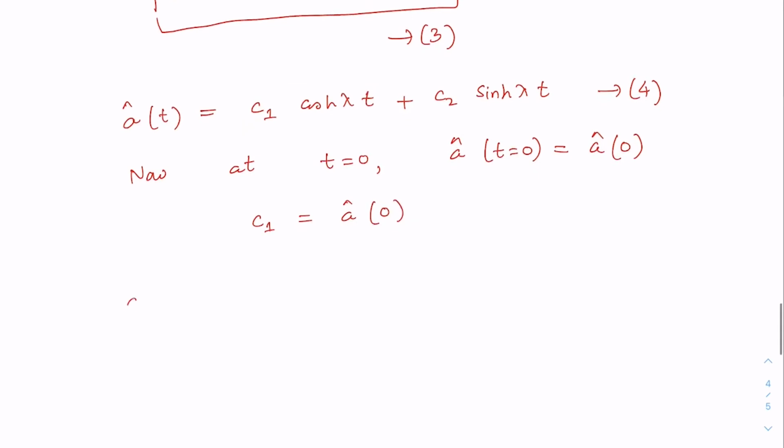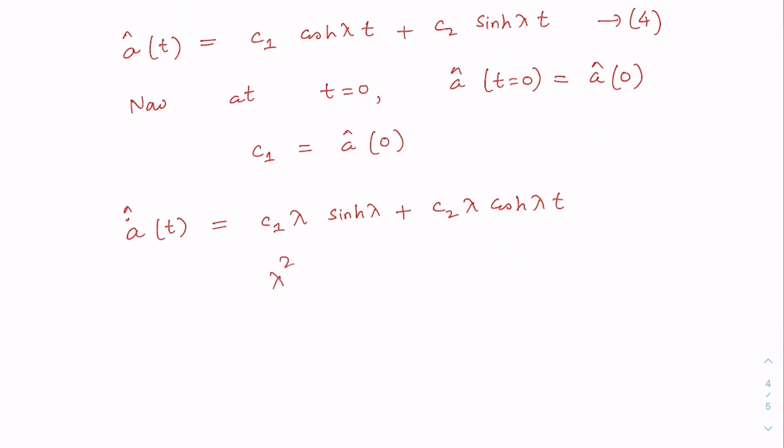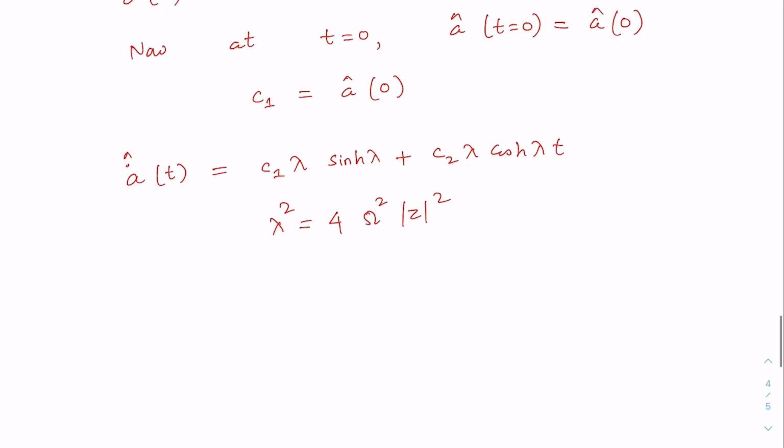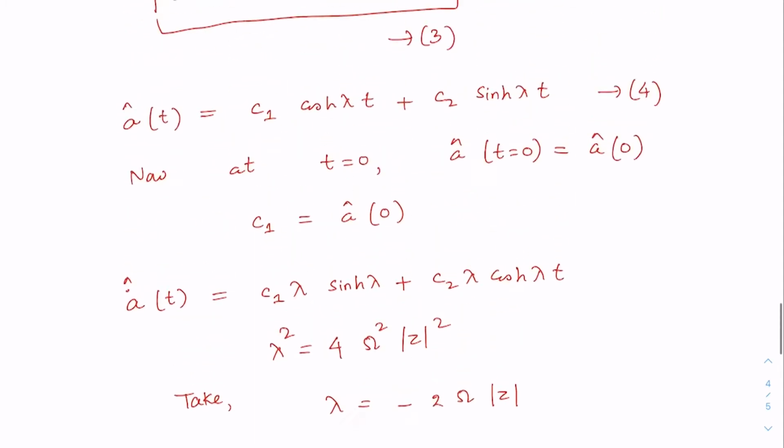On the other hand, let me just work it out: if you take the time derivative of equation 4, you will get c1 λ sinh λt plus c2 λ cosh λt. And because of the fact that λ² is equal to 4ω² |z|², let us take λ equal to minus 2ω |z|, and this minus sign is taken rather than the plus sign so that we can reproduce equation number 1.